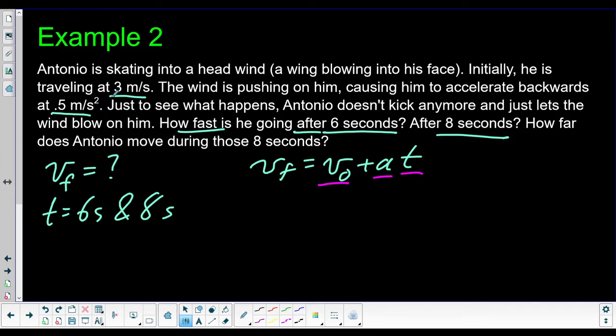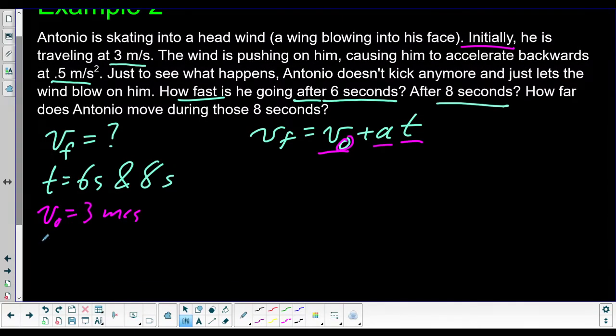He is initially traveling at 3 meters per second, so V naught is 3 meters per second. The wind is causing him to accelerate backwards at 0.5 meters per second squared, so the acceleration is 0.5 meters per second squared.